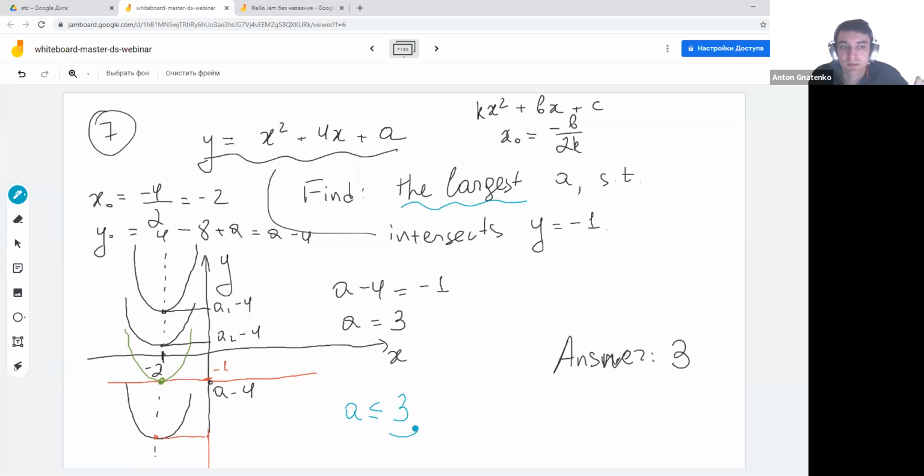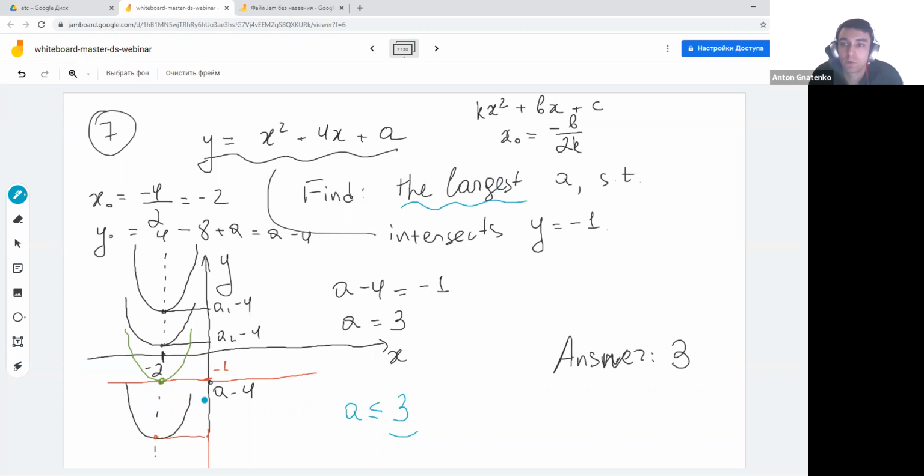Okay, so the thing is that, as I said, the answer to any problem is a number or a symbol or a sequence of symbols or a sequence of numbers separated by comma. So the answer must be something that a computer can check. So you will always get some question for which the answer is something like that. You can't be asked to find, like, all the a's for which the parabola intersects the red line.